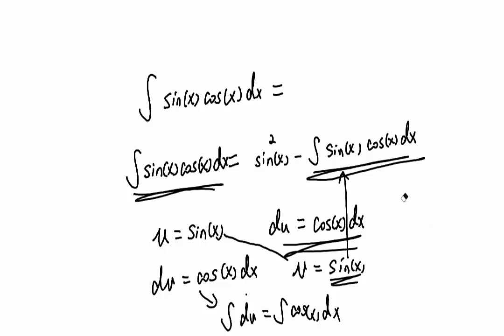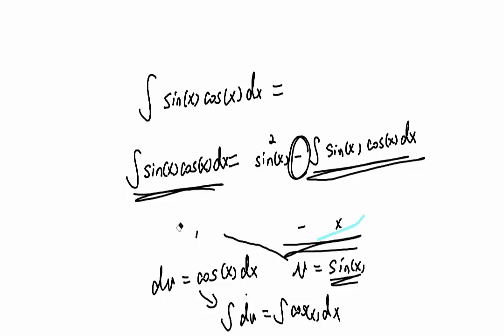Now we have to look at this very carefully. I have a negative sign right here. If I had a positive sign right here, I could cancel out this term. But I have a negative. That means I can move the sine cosine dx term to the right side or to the left side.